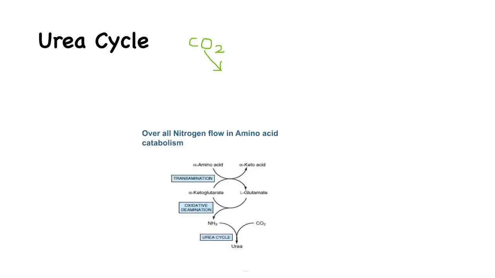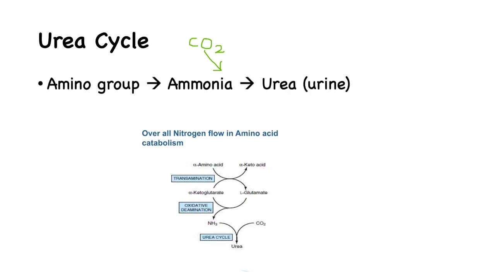Let's look at the urea cycle more closely. Recall that glutamate, which can be produced during transamination, goes to the liver. At the liver, the amino group of the glutamate is removed during oxidative deamination in the form of ammonia.